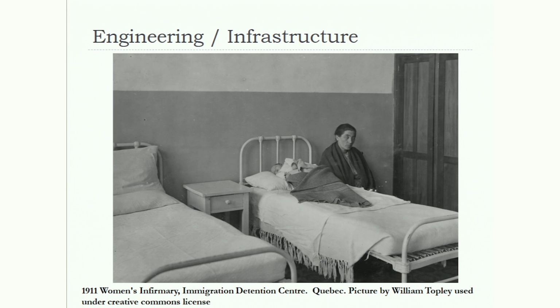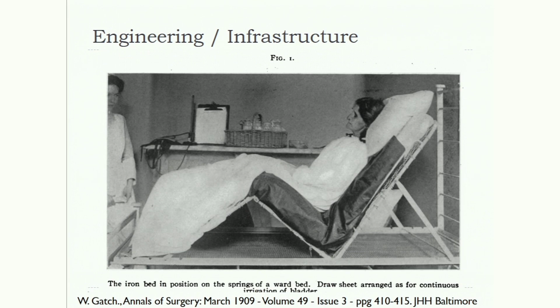Another example of engineering, this is what beds have always looked like for centuries. This picture is from 1911. But around the same time, in 1909, Dr. Gatch, who was a surgery resident, came up with the Gatch bed, which is now the basis of essentially all the hospital beds we have.